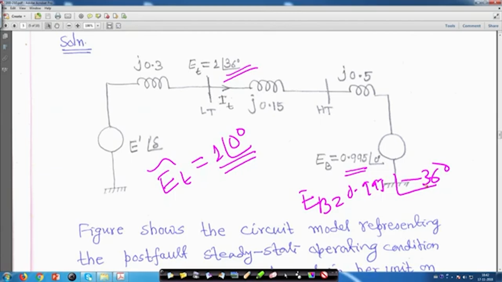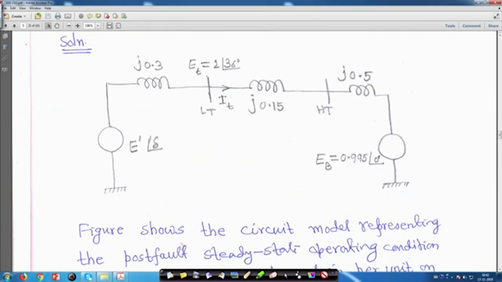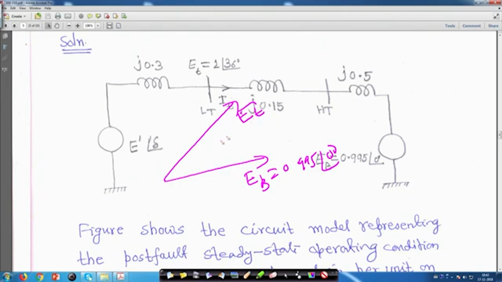Now, for further understanding, if you draw the phasor diagram, suppose this is my reference line, and this is E b equal to 0.995 angle 0 degree. Therefore, this is my E t, equal to 1, and this angle is 36 degree.